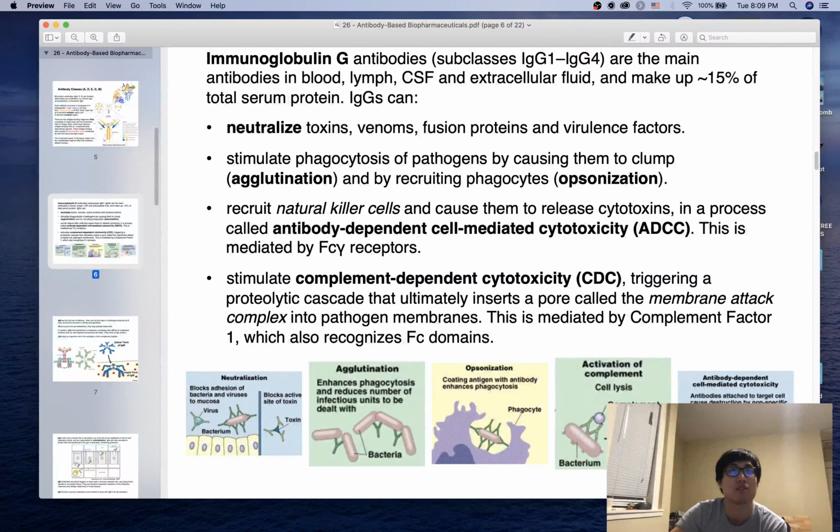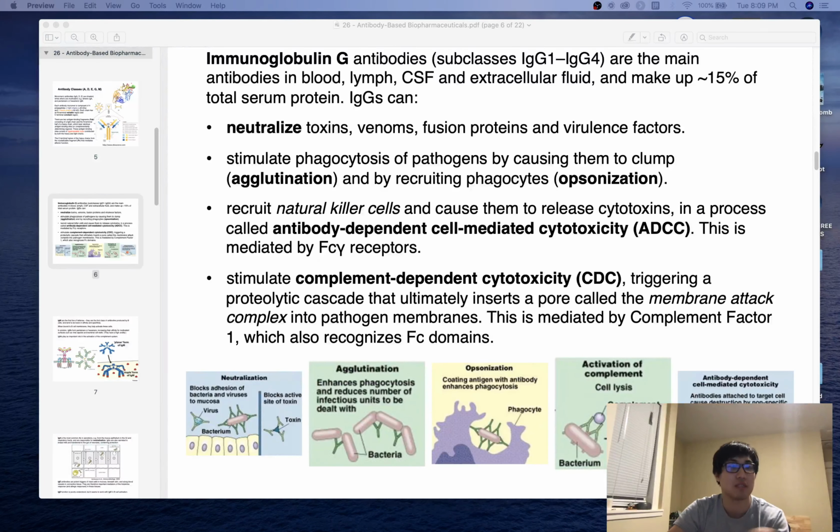I can search specifically about Fc gamma.